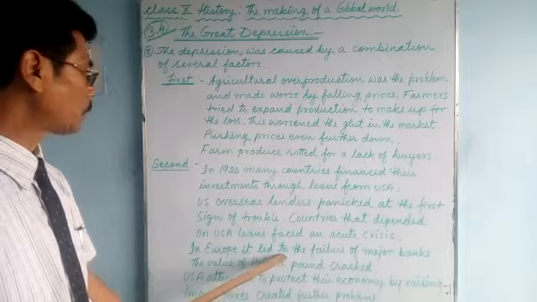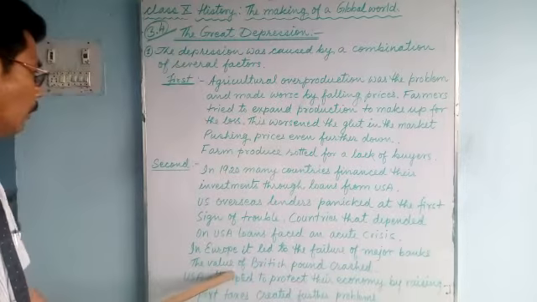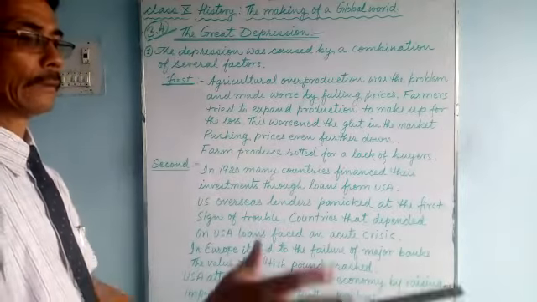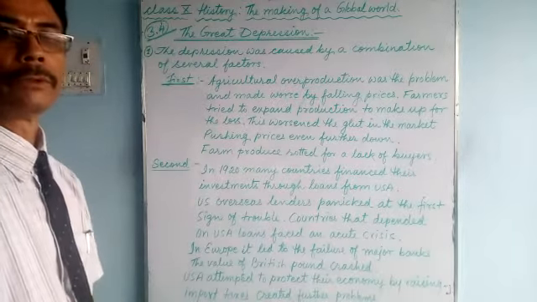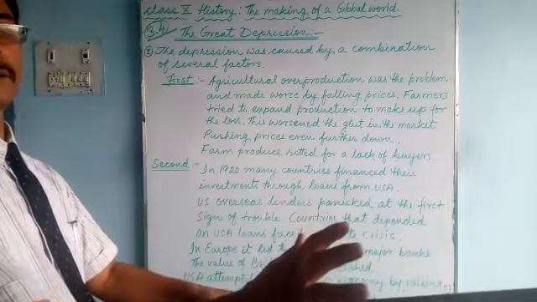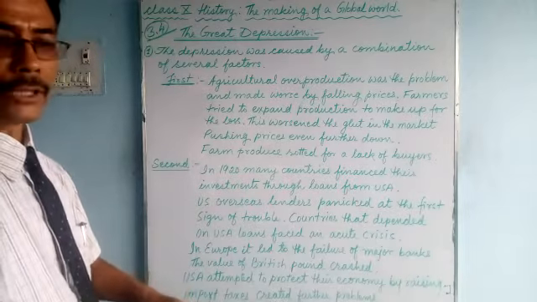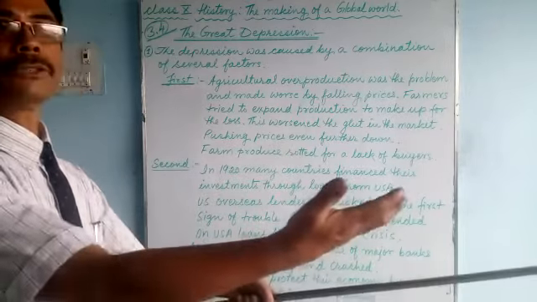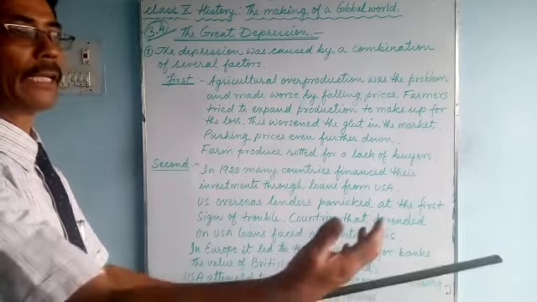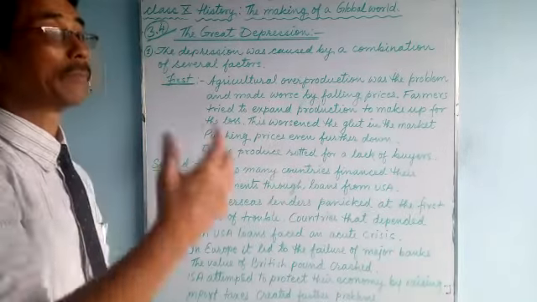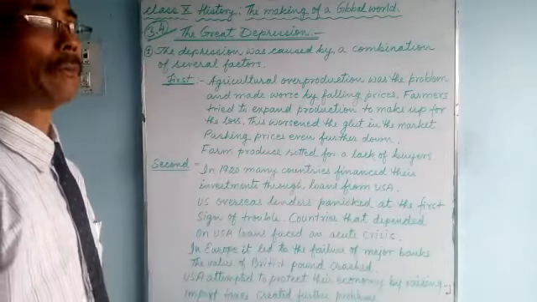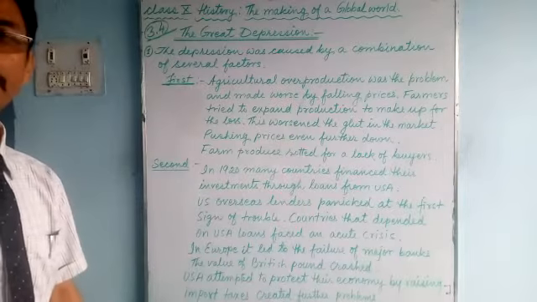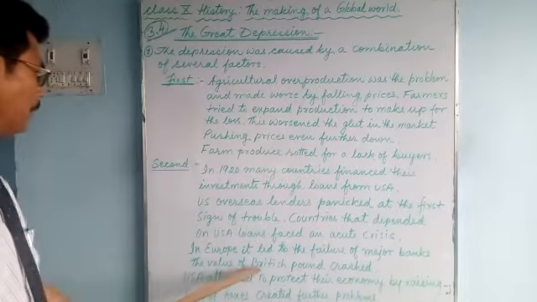The value of the British pound sterling also crashed. Their value came down. The money was stuck as food grains, as half-constructed buildings and factories. That money cannot produce more money.